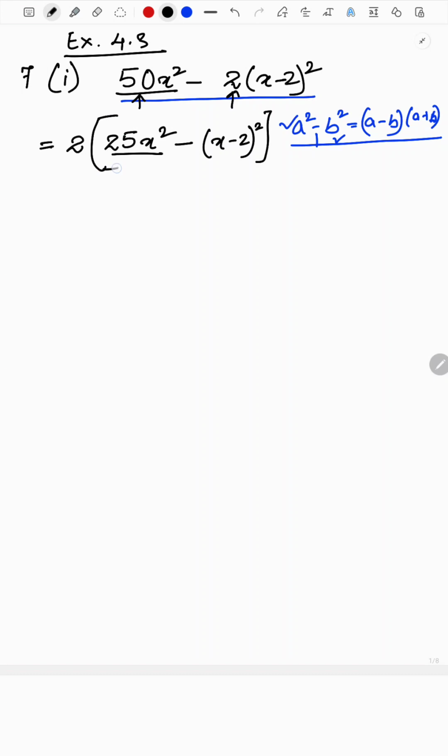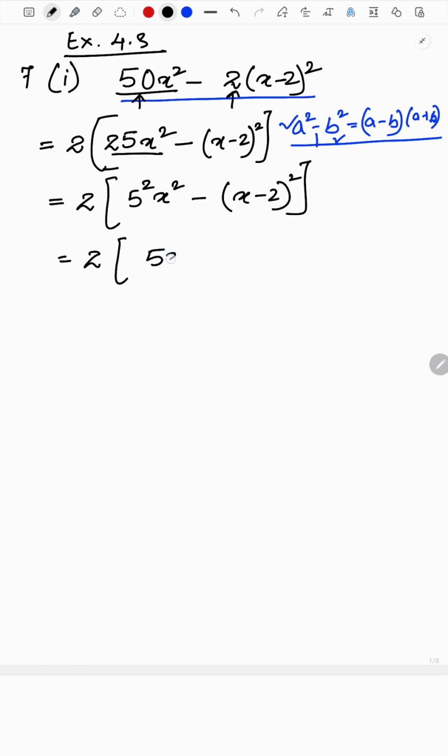So this is what I have within the bracket. Now let's simplify further by writing 25 as 5 square, x square minus (x minus 2) whole square. Now you see that 5 square x square can be written as (5x) whole square minus (x minus 2) whole square.